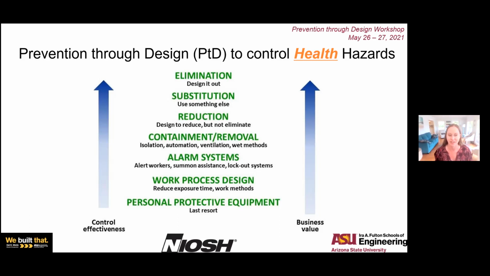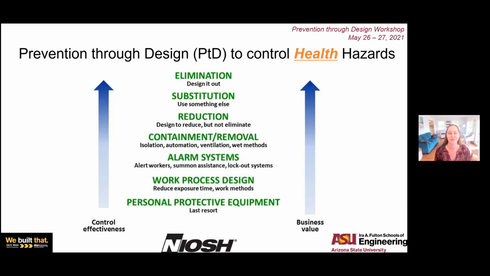We can use work process design, where we haven't been able to eliminate or reduce the level of hazard, but we can reduce the amount of time that the workers are around that hazard. So therefore, we're reducing their overall risk in that way. So these are all different design approaches that can have the end result of reducing the risk to the workers.